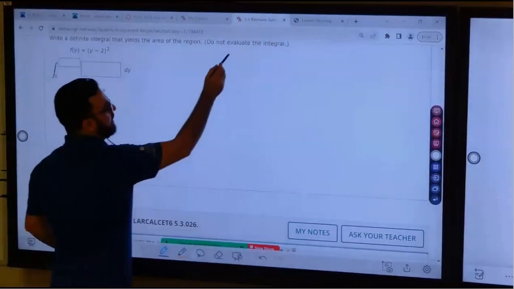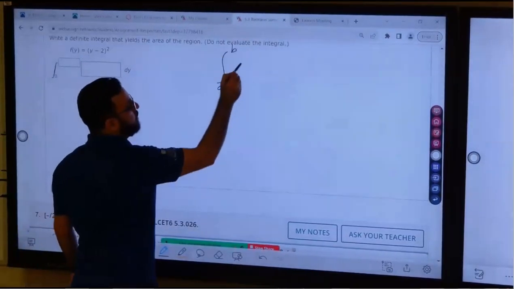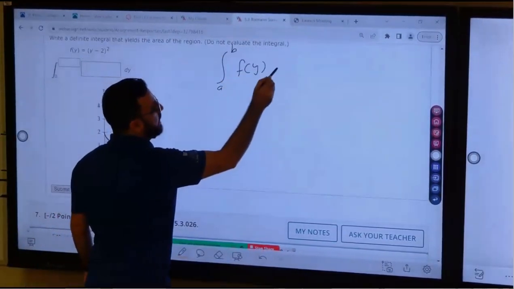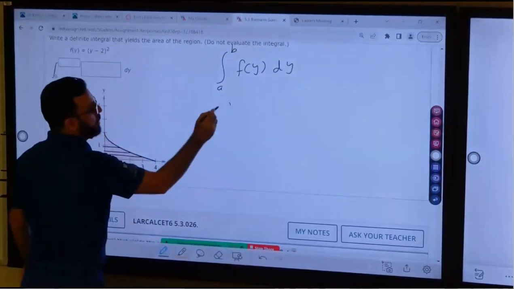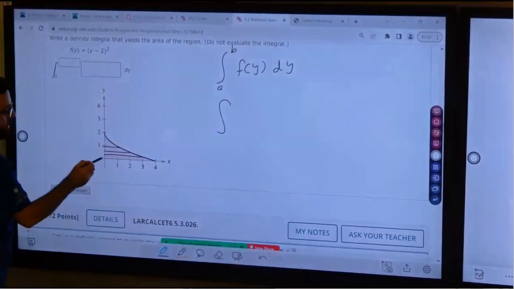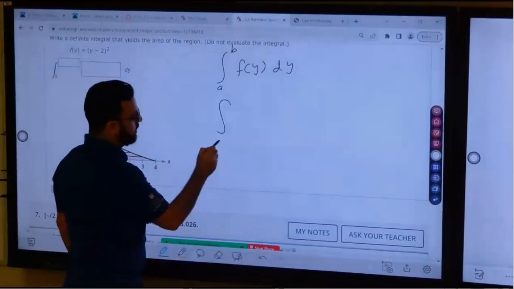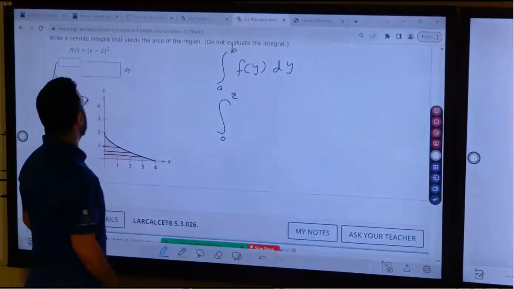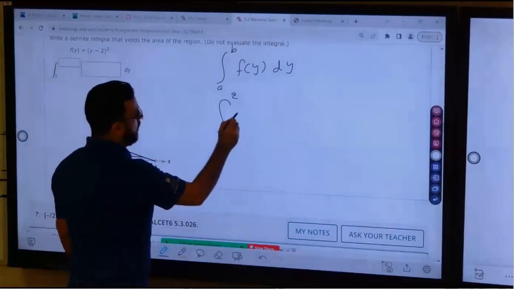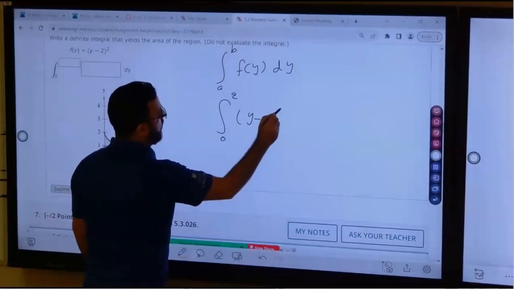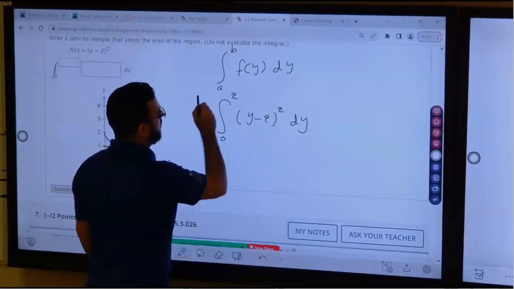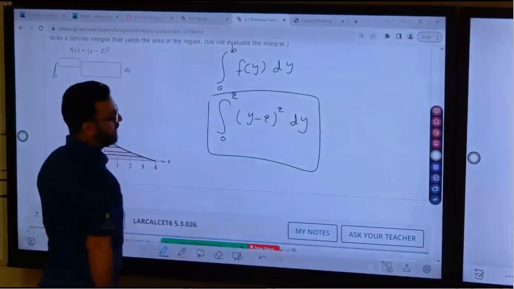That means the integral from a to b of f of y dy. So the rectangles go from a equals 0 to b equals 2. So from 0 to 2, and the function is y minus 2 squared dy. This is our definite integral.